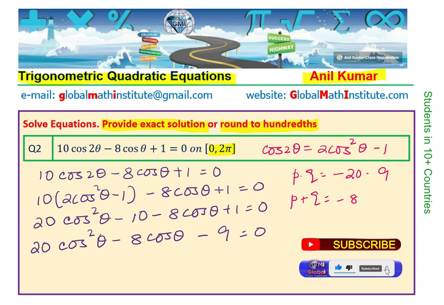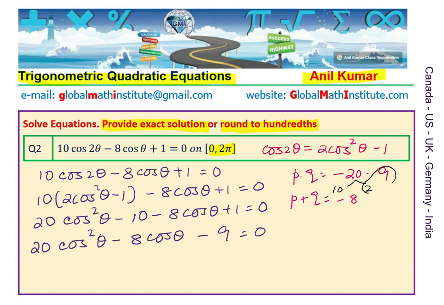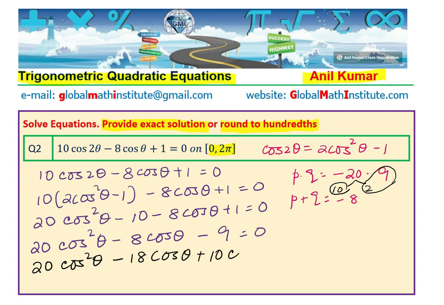How do we get them? 20 can be written as 10 times 2, so of course we can have 18, 9 times 2, and then 10. Perfect. So let's rewrite. We get 20 cos square theta, minus, being the bigger number, 18 cos theta plus 10 cos theta minus 9 equals 0.